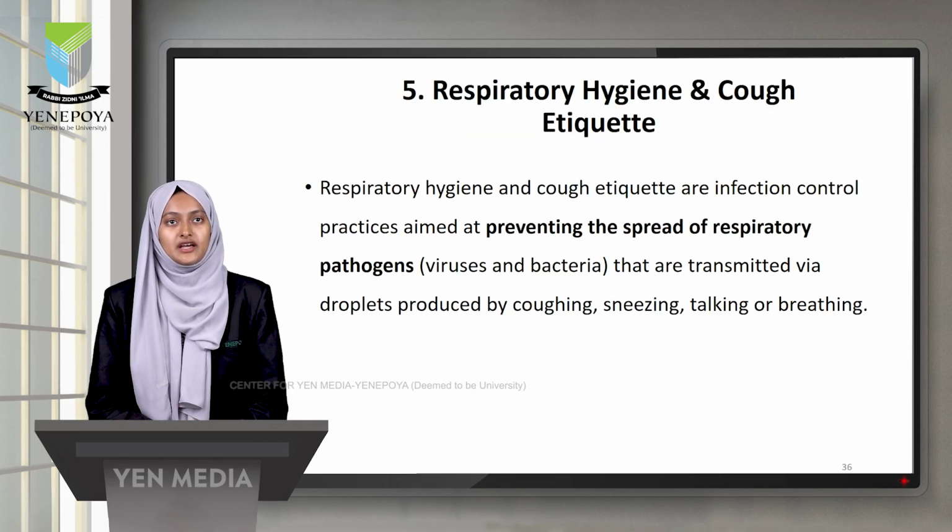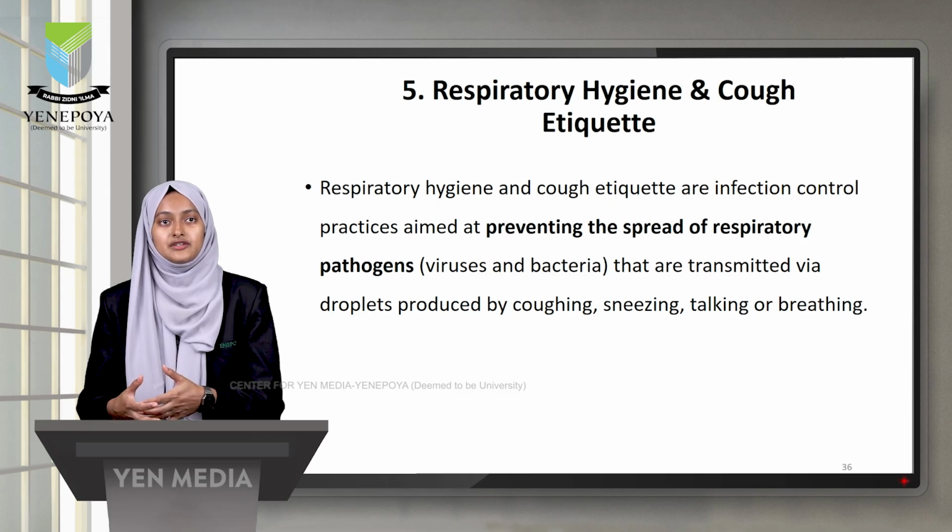The last component we have is respiratory hygiene and cough etiquette. This is very important because, as I told you all, the major sources of transmission of hospital acquired infection are mainly by contact and by inhalation.